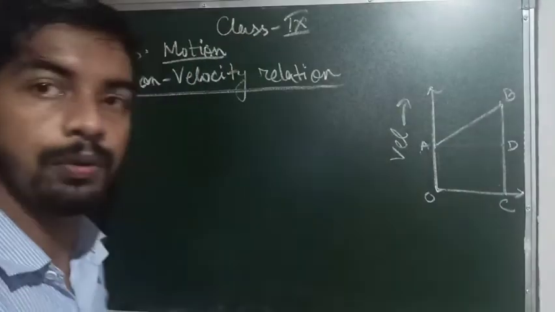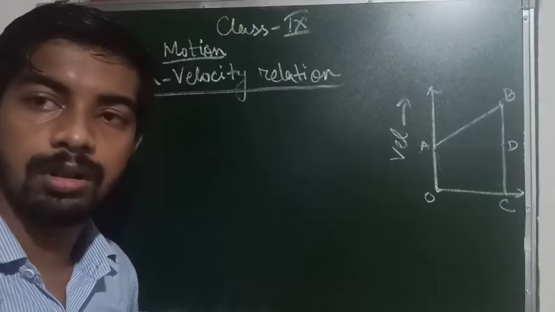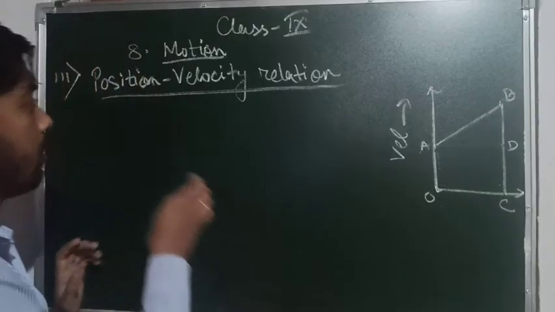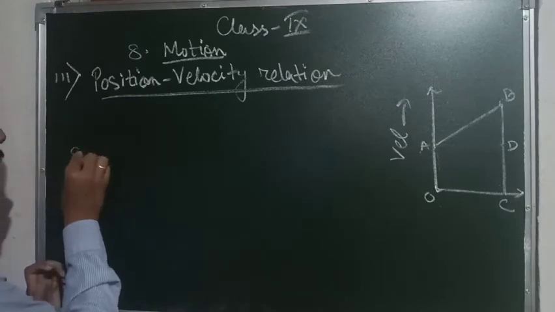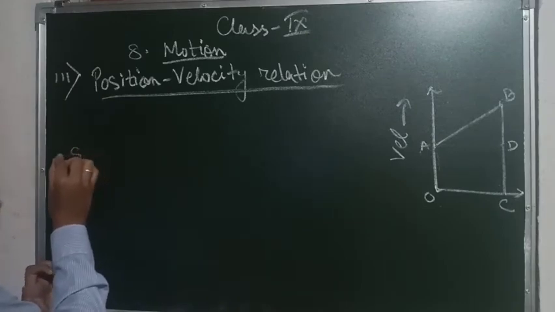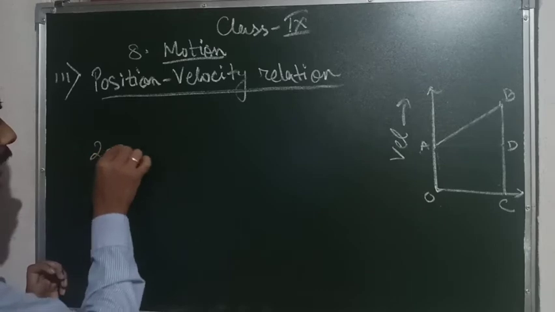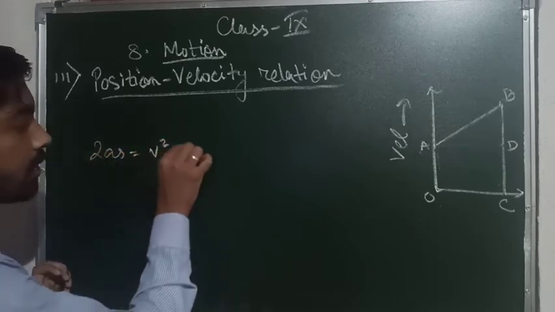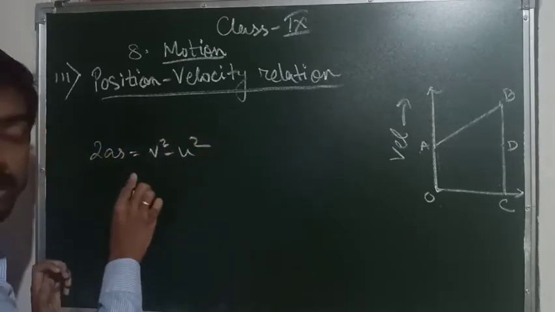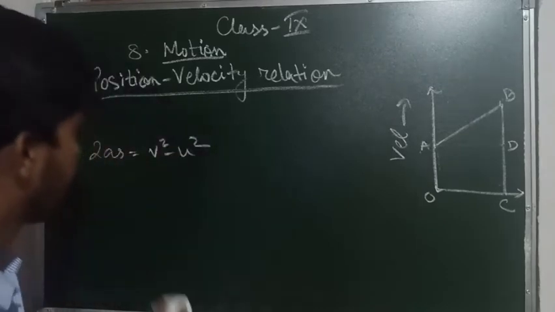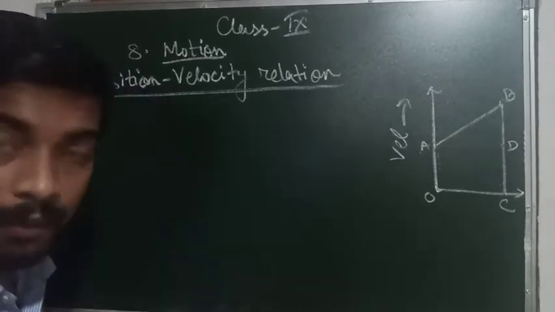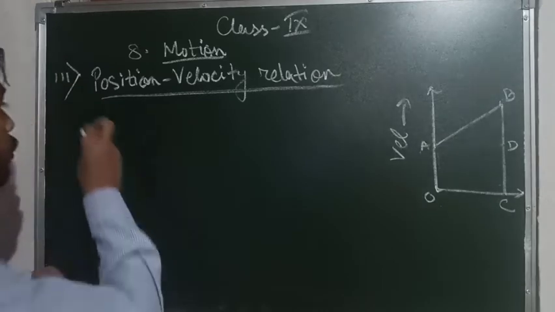So here we have to derive S, 2as equal to v square minus u square. You have to find this formula or this equation. So we'll use the initial values that we have used earlier also.